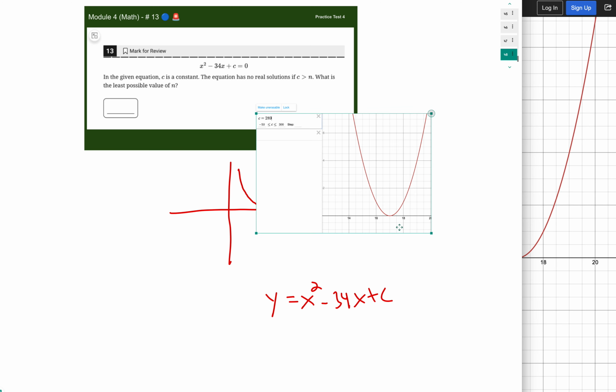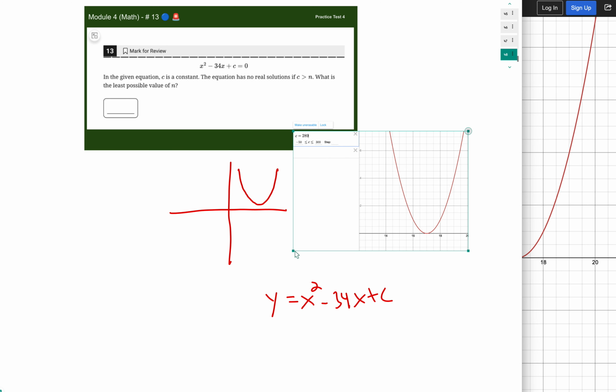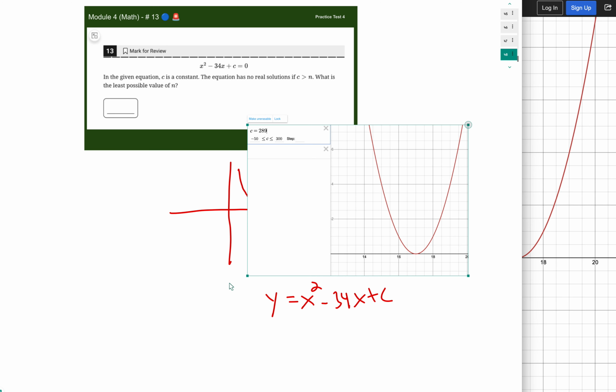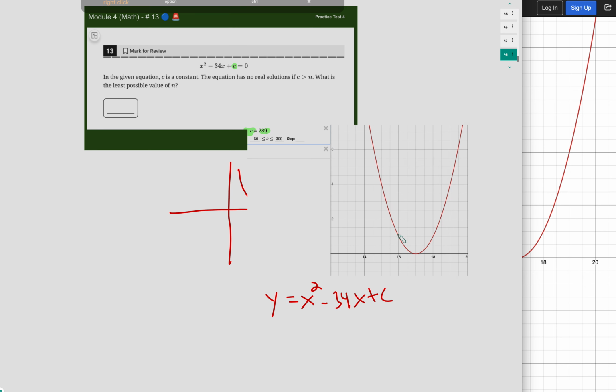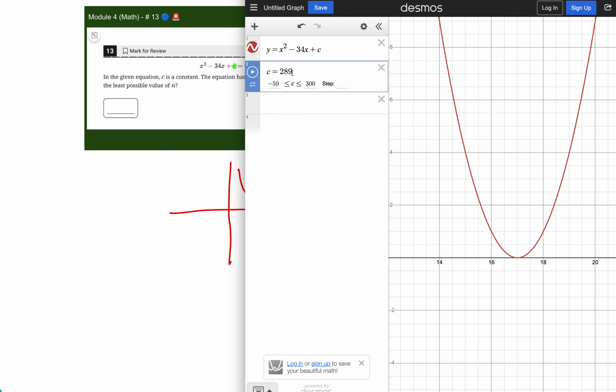So they're saying that if this C value right here is 289, I have one solution. But as soon as C is greater than 289, right? So if I go over here and make it, I don't know, 289.5, boom, no solution.